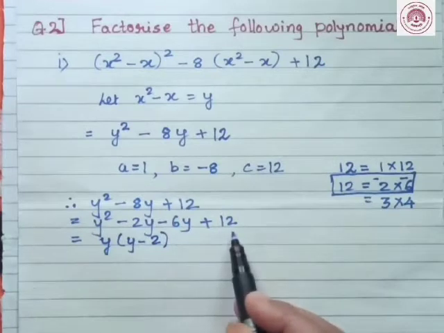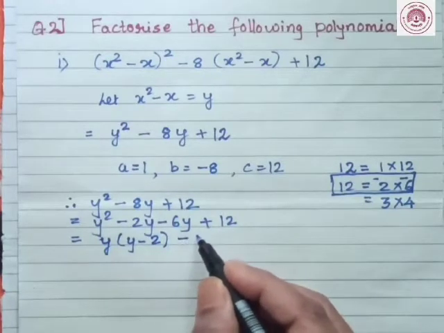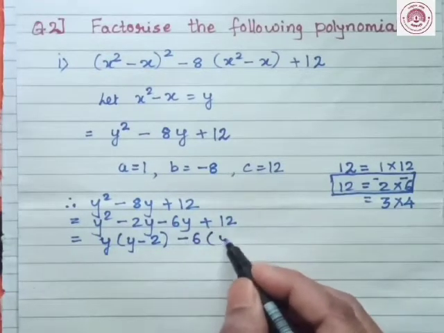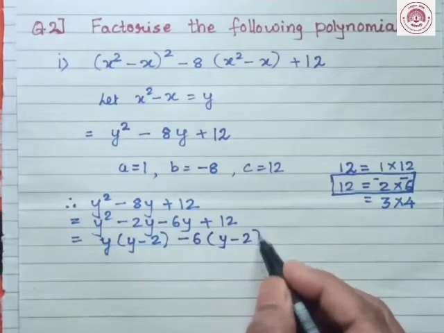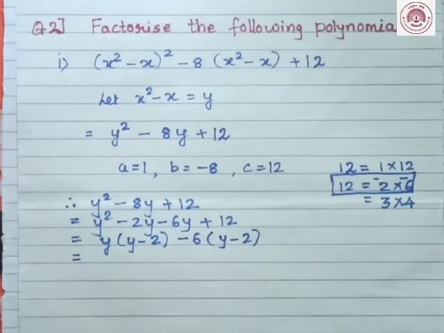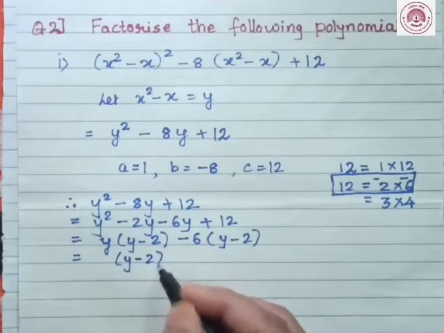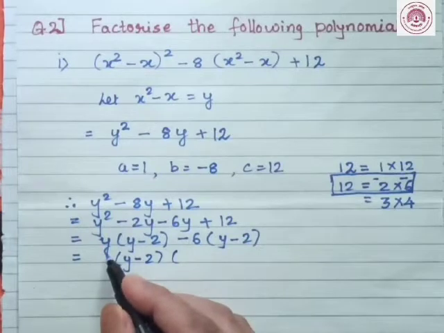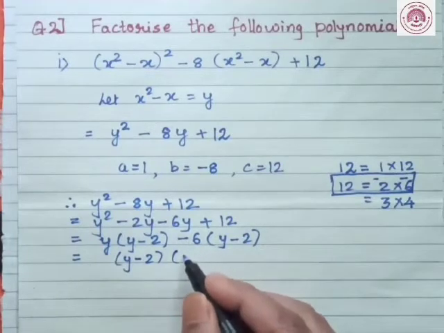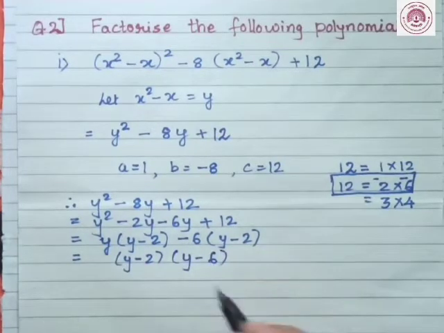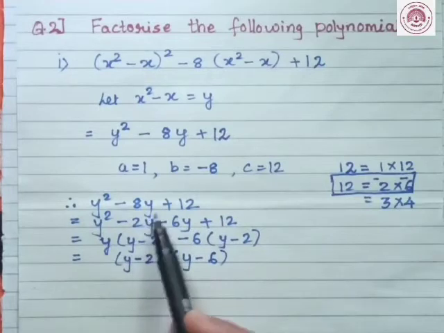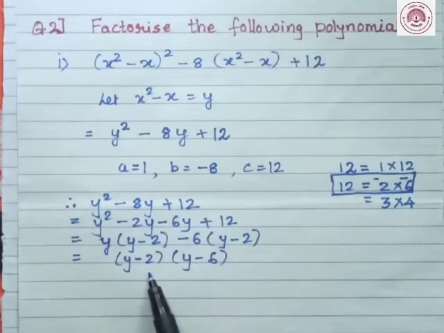Now here, −6 is common. So in bracket we will have y − 2 again. Now y − 2 is common, so we'll take out y − 2, and in the second bracket we'll have y − 6. So the factors of y² − 8y + 12 are (y − 2) and (y − 6).